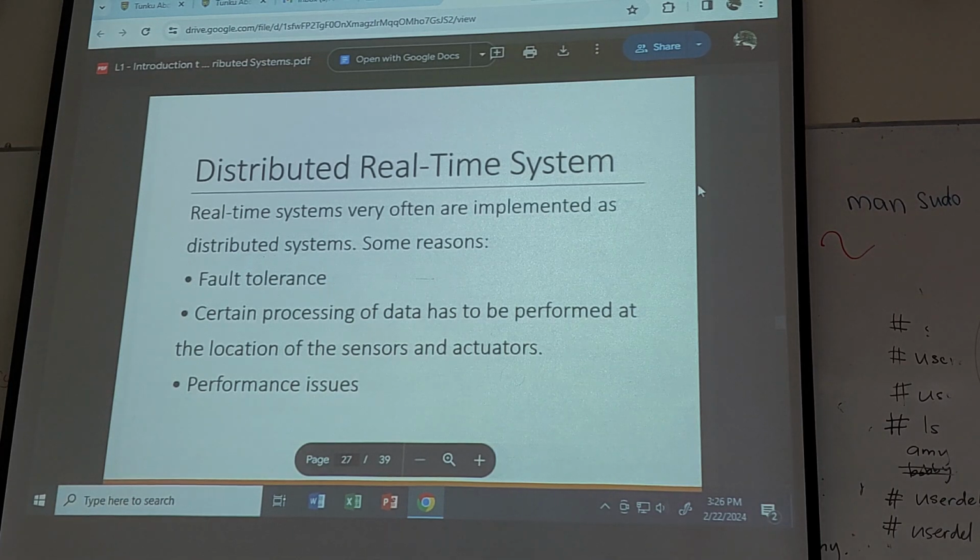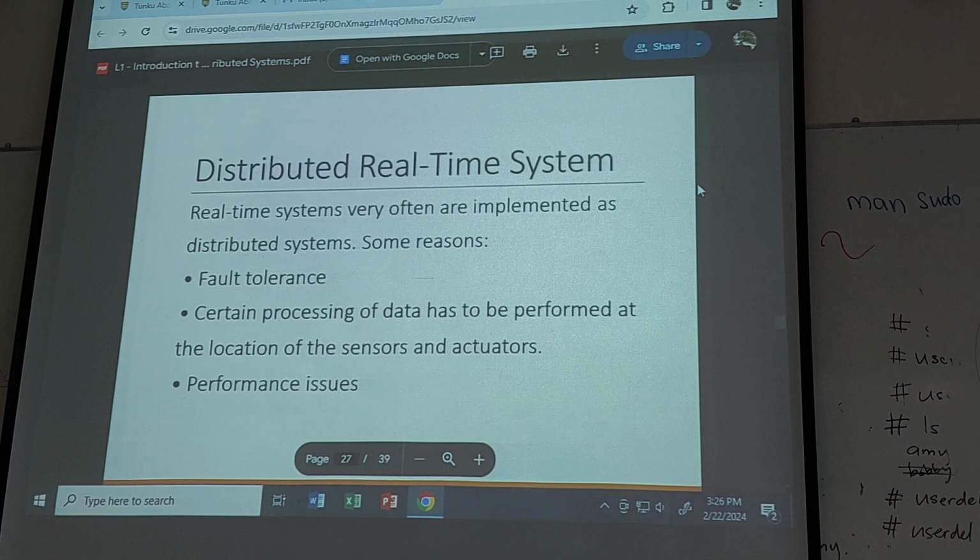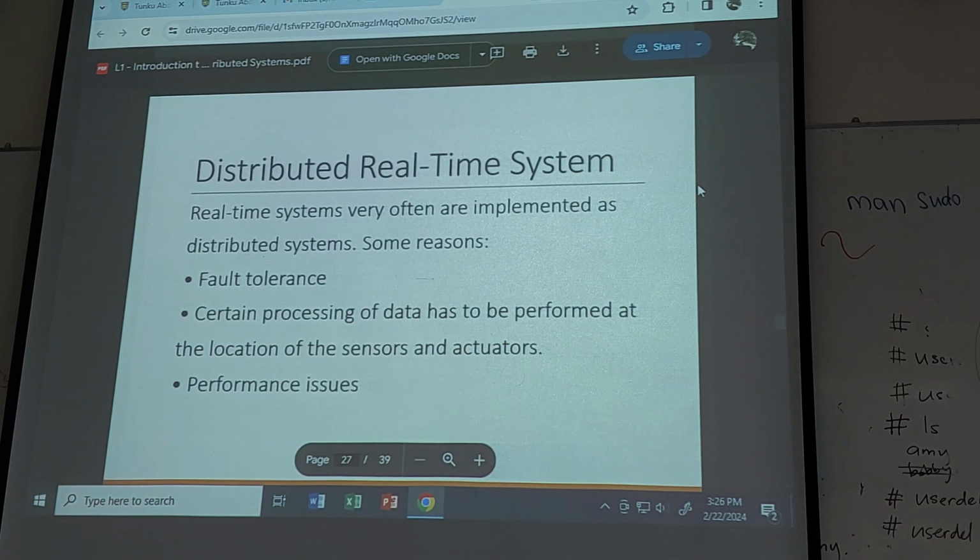Okay, real-time systems are very often implemented as distributed systems. Some of the reason is because of the fault tolerance. Certain processing of data has to be performed at the location where the sensors or the actuator is. Because if your data is processed at a very far location, for example, of course this is not true, suppose we want to centralize it.